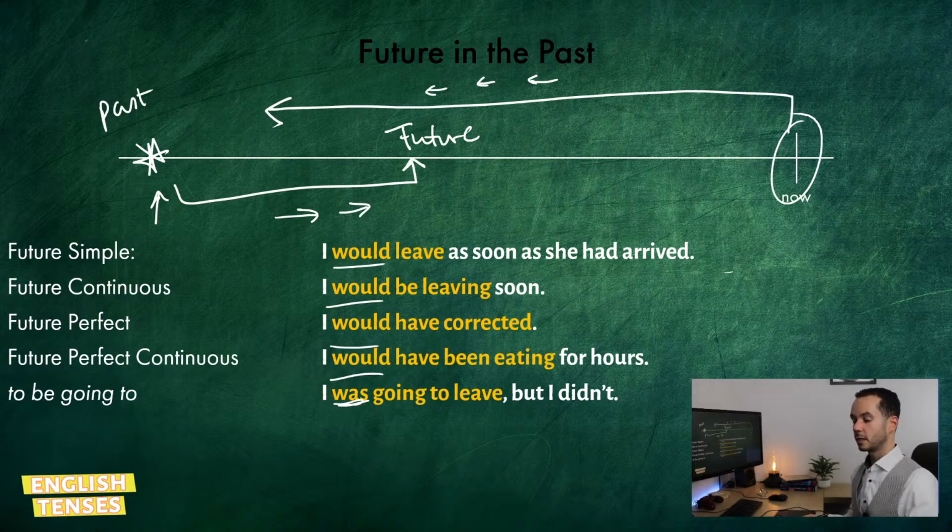So the past tense of I am going to leave is of course I was going to leave. And for present simple, I left for I leave. So again, this is how you use the future tenses, or kind of everything you can use to talk about the future in the past. And that is what we mean with future in the past, when we reflect on something that was said about something in the future.